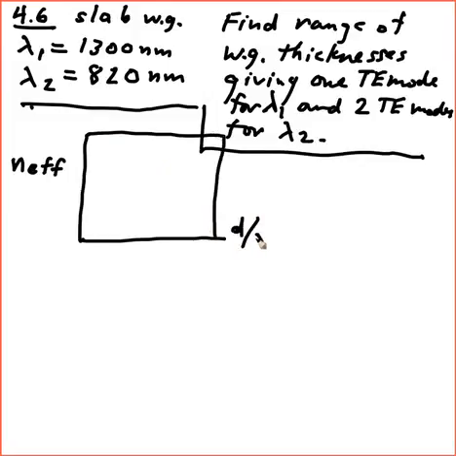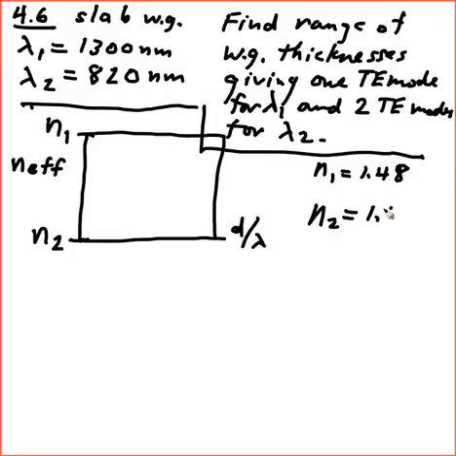This is d by lambda, and this is N effective ranging from N2 up to N1. And we're given N1 and N2 also. N1 is 1.48. I think they say in the book that you're supposed to use the slab waveguide from a previous problem. And N2 is 1.46.